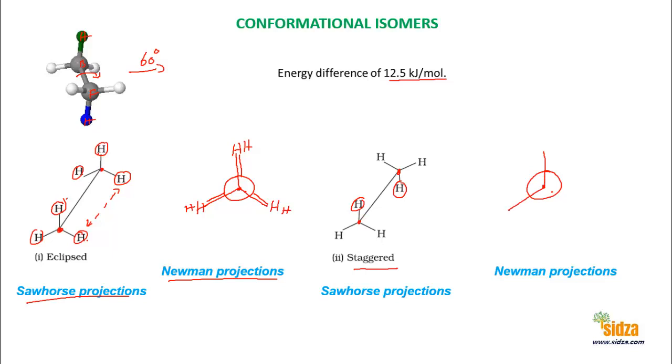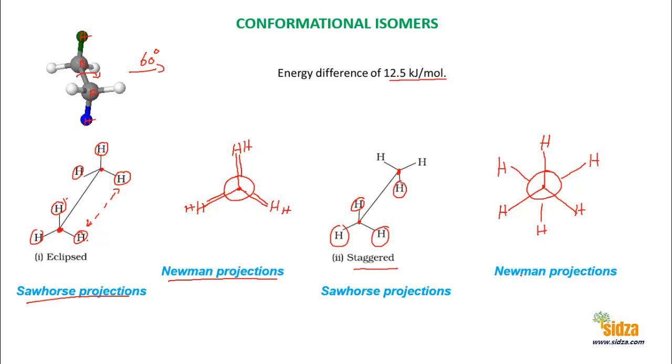The front carbon has 3 hydrogen atoms attached to it, and I'll draw them like this, 1, 2 and 3. The back carbon has 3 more hydrogens, but they are not under eclipsion. Rather, they will be in this direction here. Now the hydrogen atoms are away from each other, so this is the stable conformation of ethane.